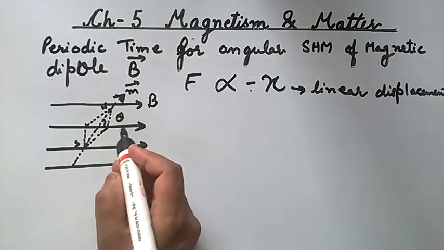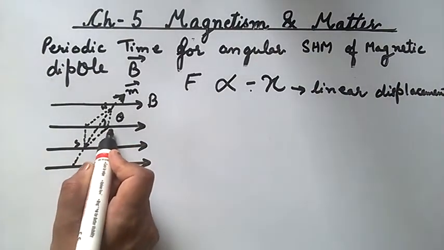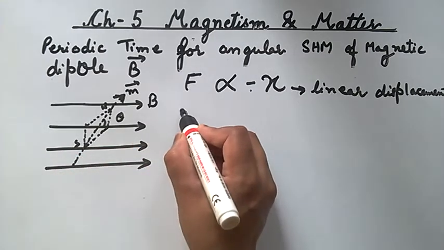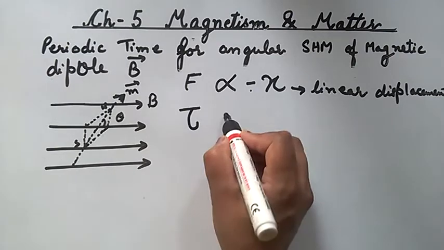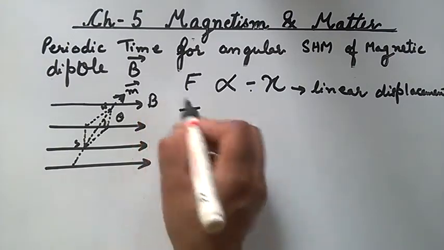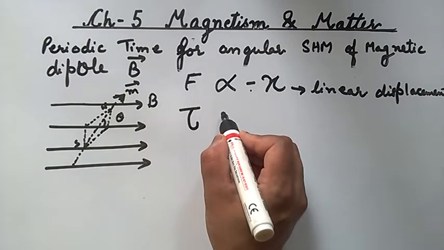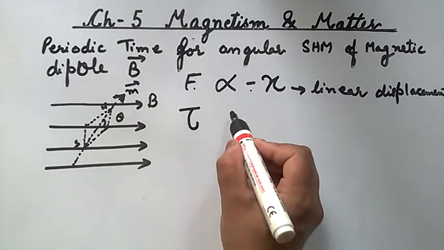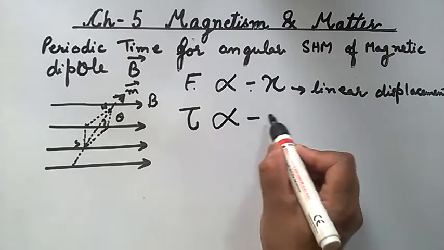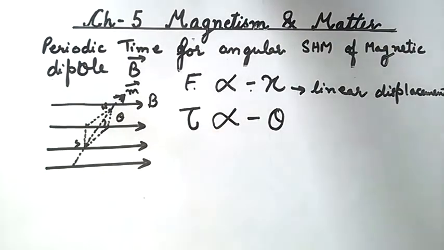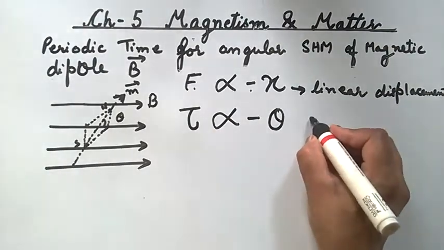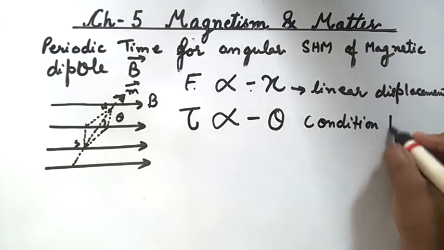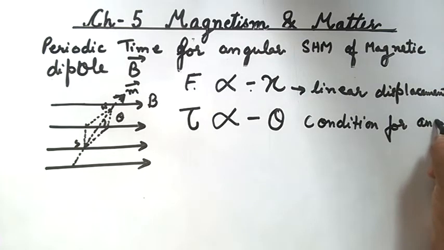Here we have tilted this needle by an angle theta. Therefore the torque is applied by the magnetic field. So, instead of force, we are writing that torque is proportional to minus theta. And this is the condition for angular SHM.